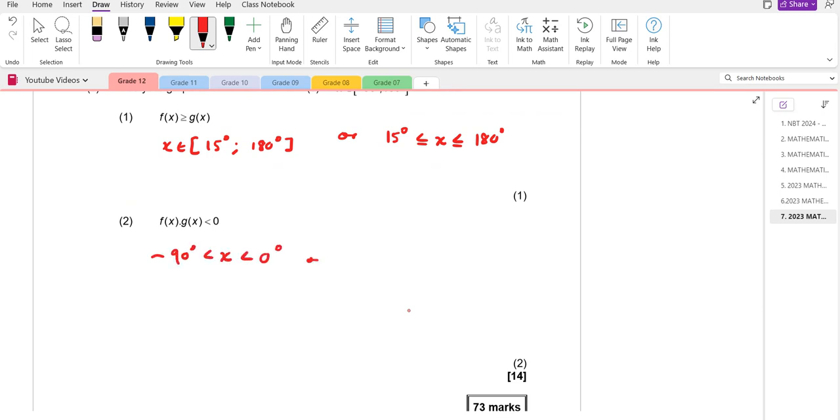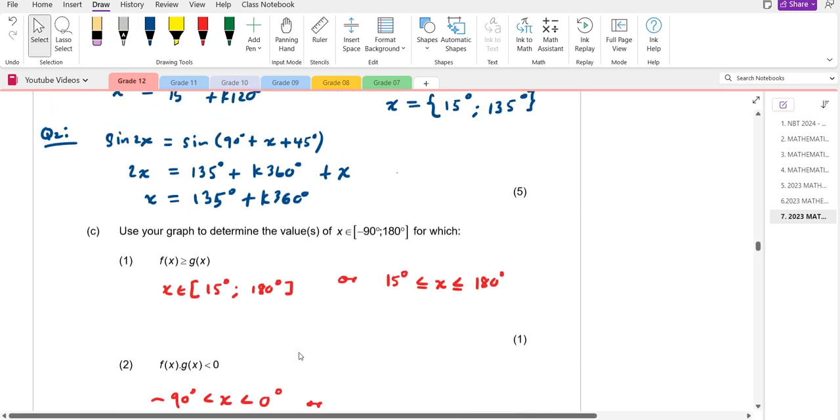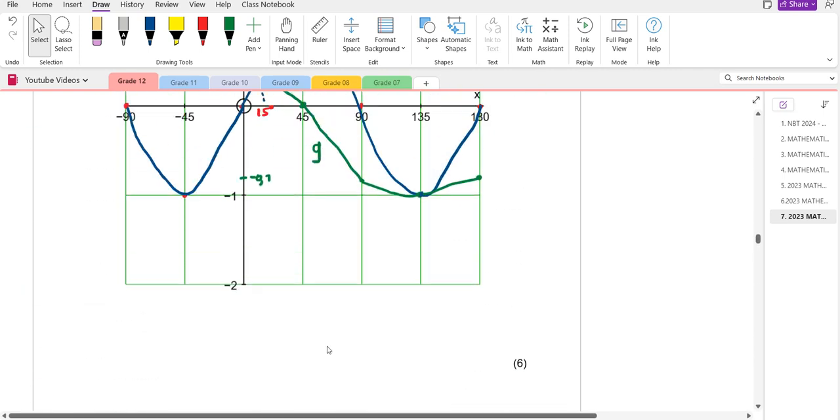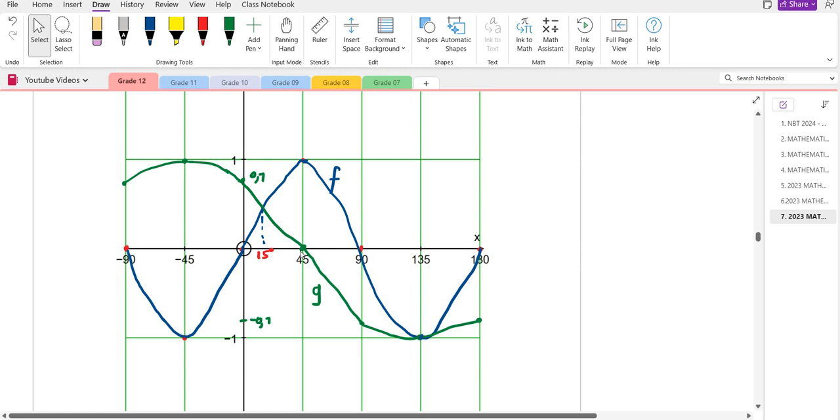Or we're looking for another answer with one above and one below. Remember why we're looking for above and below? Because positive times negative is less than 0. So above and below, from 45 degrees to 90 degrees. From 45 to 90, this green graph is below, but the f graph is above.